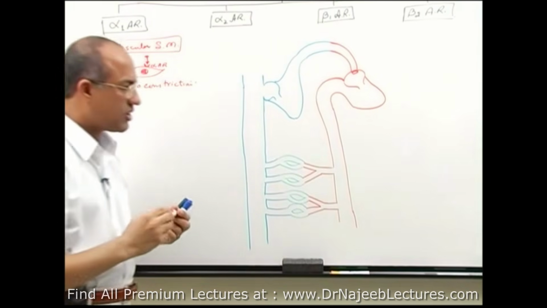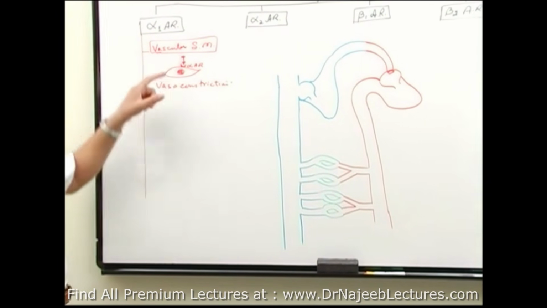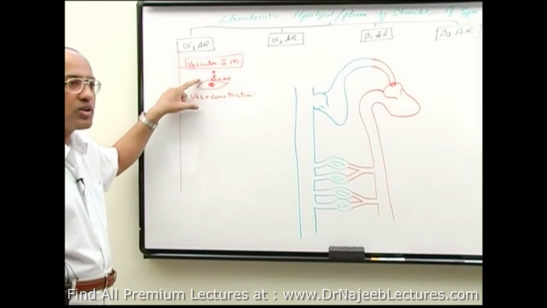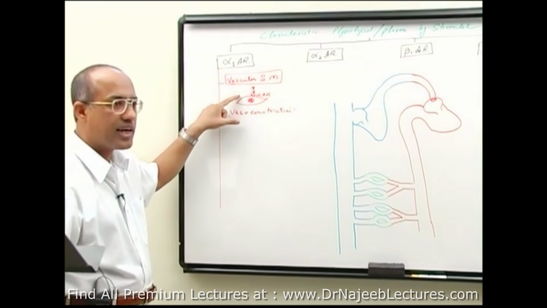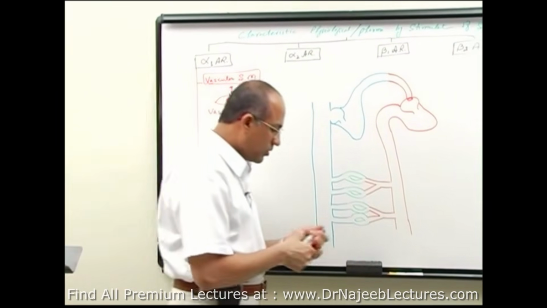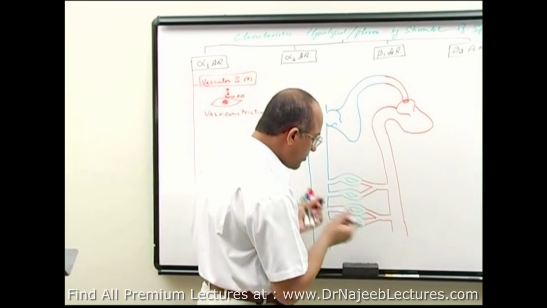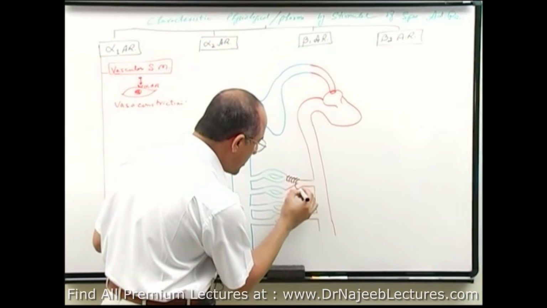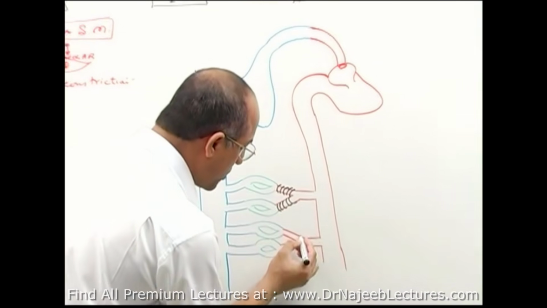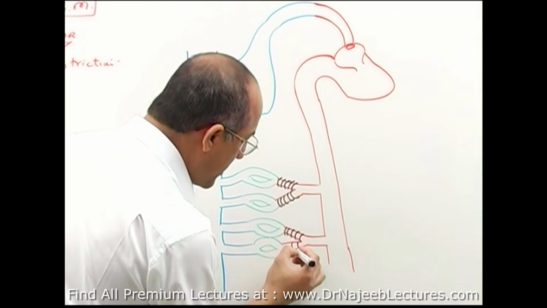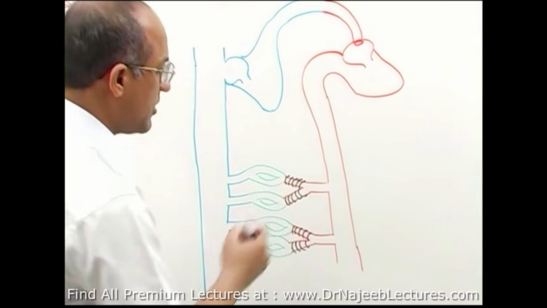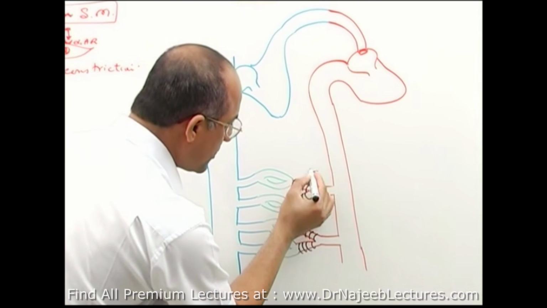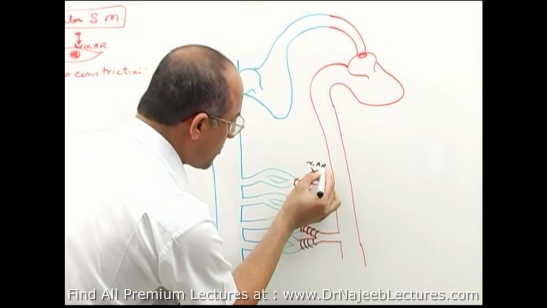Now, let's see how the cardiovascular parameters are directly altered when alpha 1 adrenergic stimulation occurs. As you know, our arterioles have a lot of smooth muscles, and these smooth muscles on arterioles have adrenergic receptors. Let's suppose I bring out this smooth muscle, having alpha 1 adrenergic receptors.